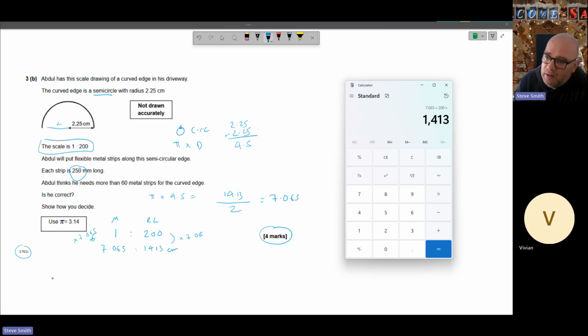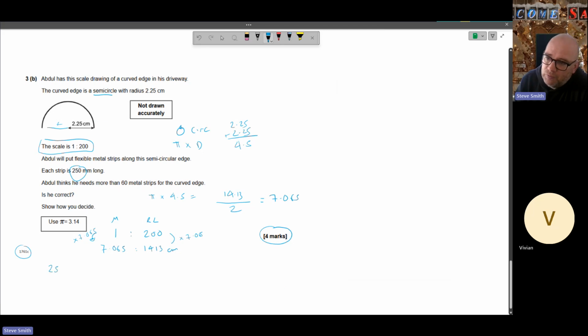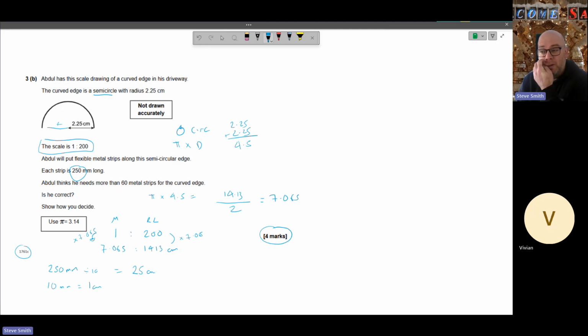We can see that each strip is 250 millimeters. There are 10 millimeters in 1 centimeter, so we divide that number by 10 to get it into centimeters. Each one of our strips is 25 centimeters long. Now we've got them both in centimeters: the length of our garden edge, and the length of the strips that go along the outside.